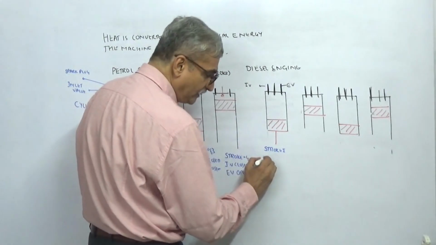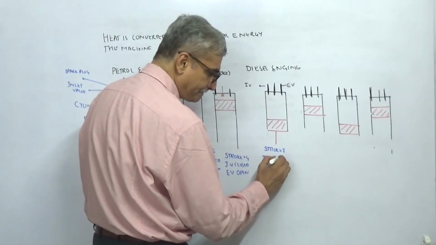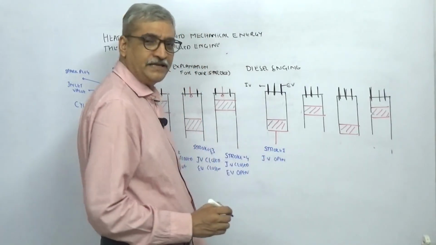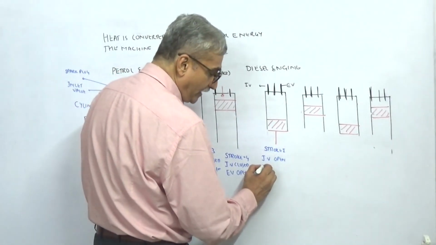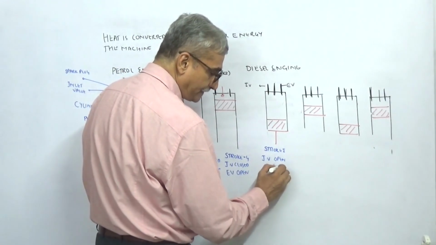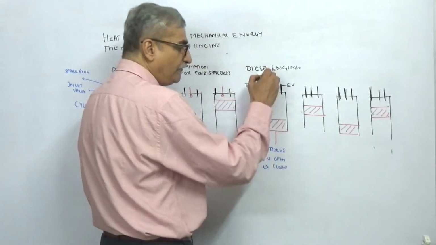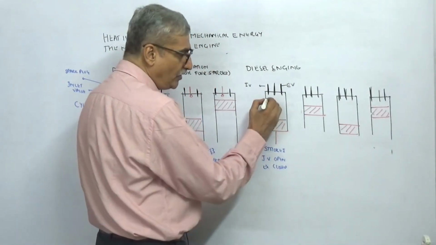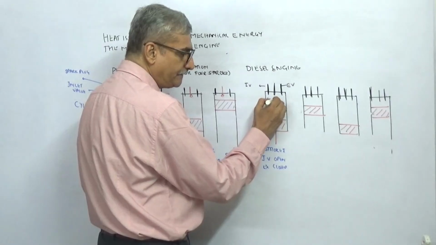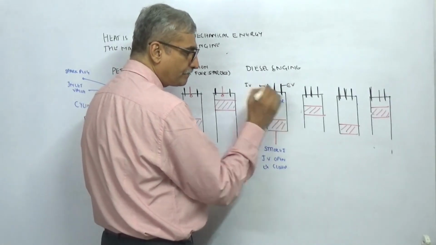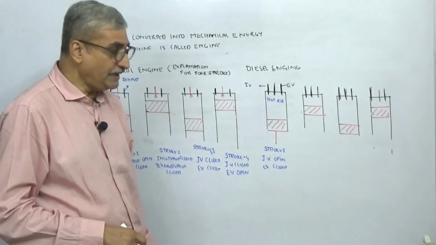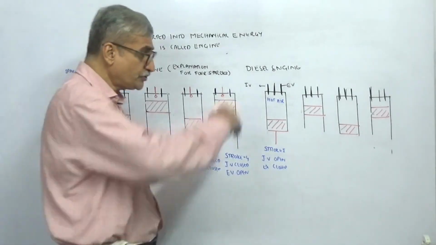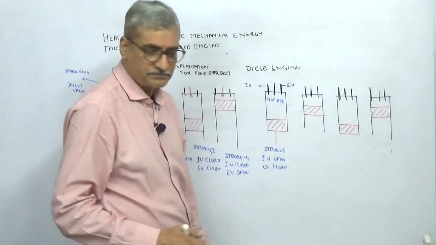The inlet valve opens. It is clear. Exhaust valve closed. And from the inlet valve, hot air is coming in. Hot air is poured, and the moment you push hot air, the piston is going to go down.